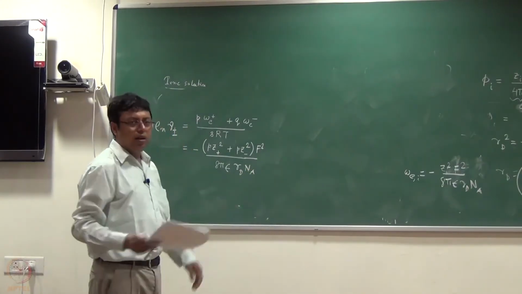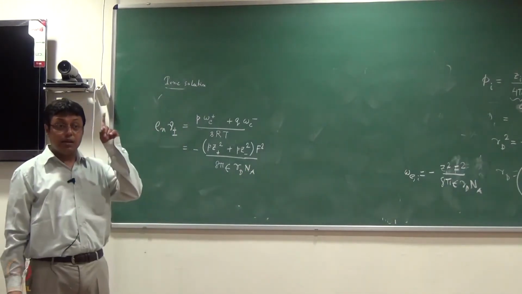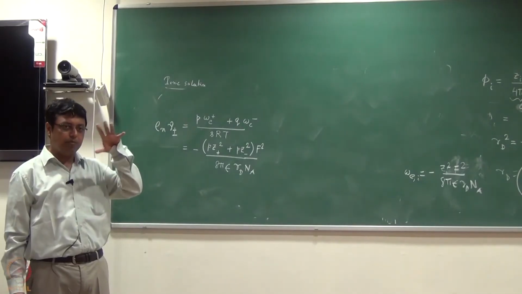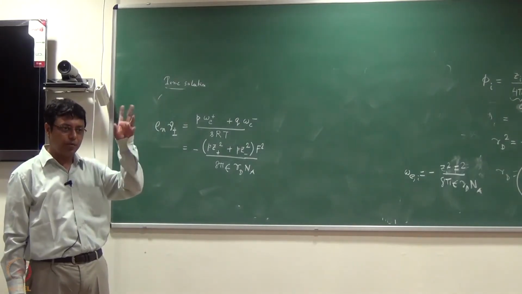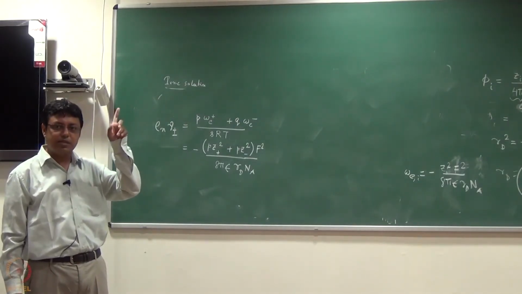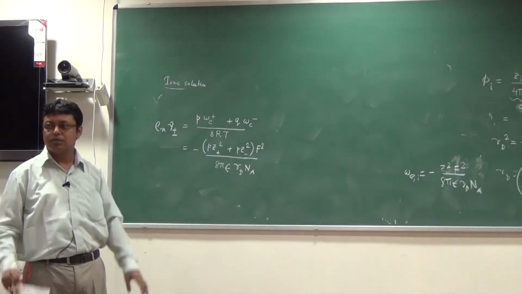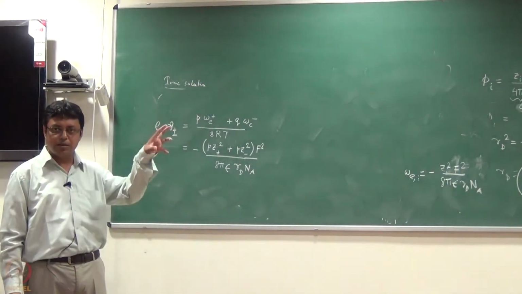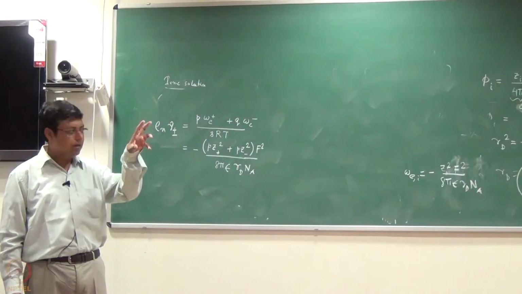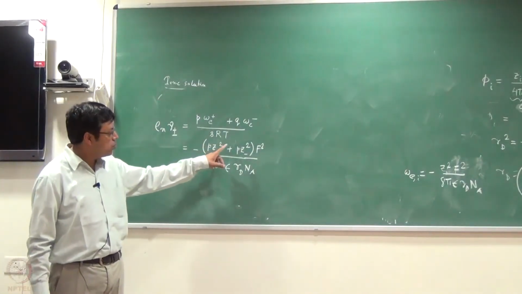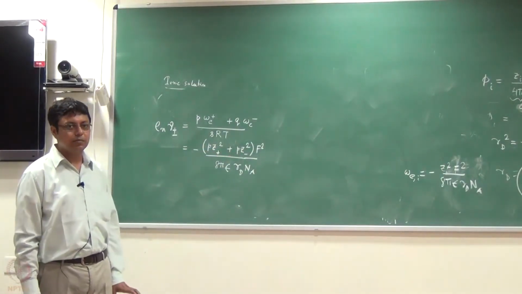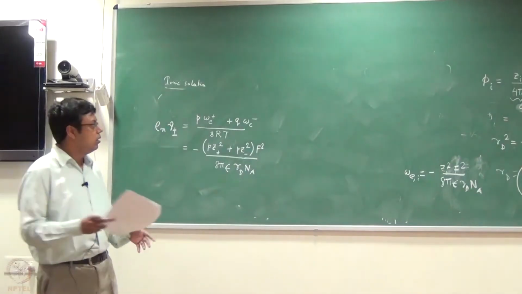Now, think about it. I am trying to go back and match it to the original expression. In the original expression, there was Z plus Z minus modulus. Remember, ionic strength times Z plus Z minus. But here I have Z plus square, Z minus square. But I can always play tricks. How?